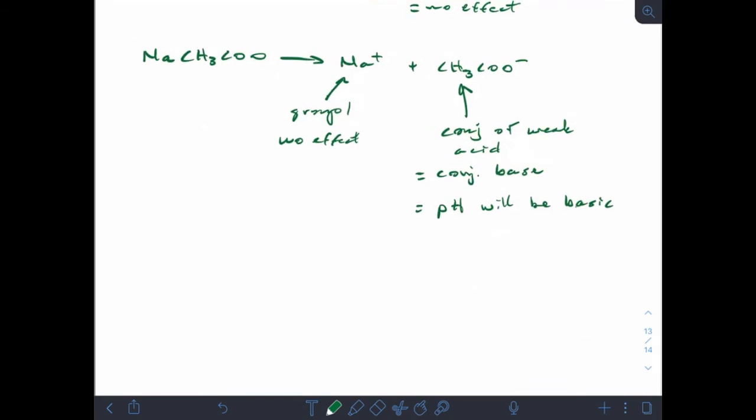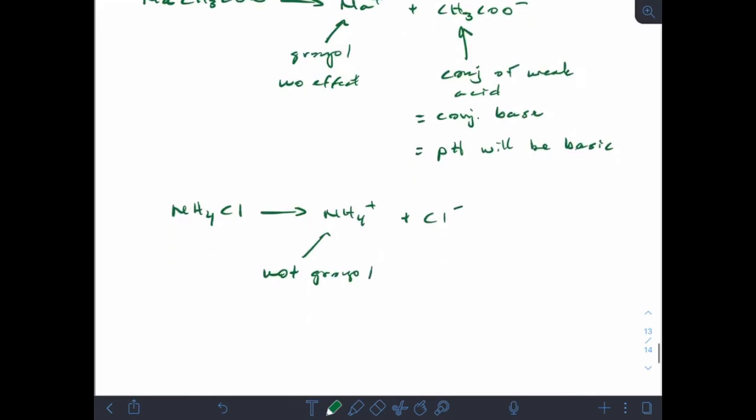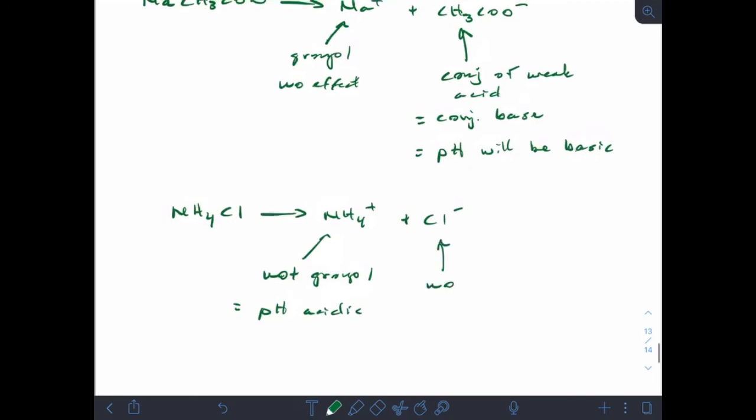Let's look at another example, NH4Cl, ammonium chloride. We break that one apart and I get NH4 plus and chlorine minus. Ammonium is not group 1 or calcium, strontium, barium. This will result in acidic pH. And chlorine is the anion of a strong acid, no effect.